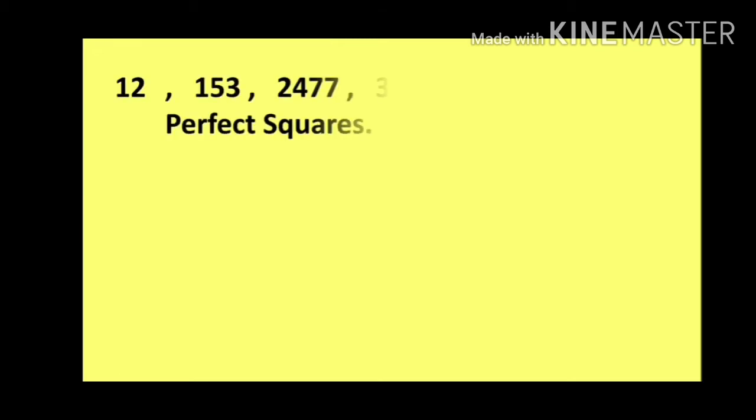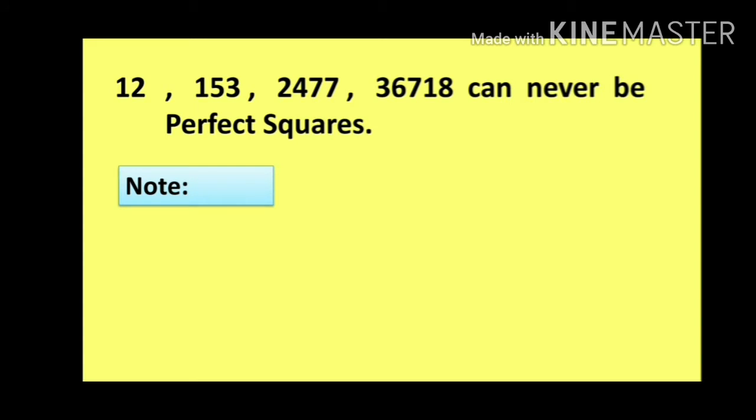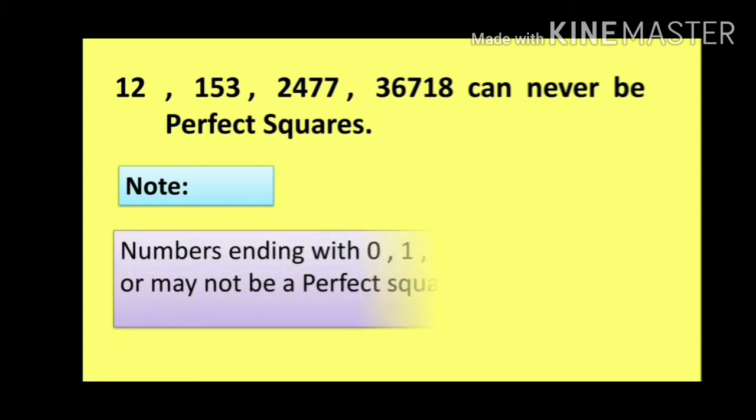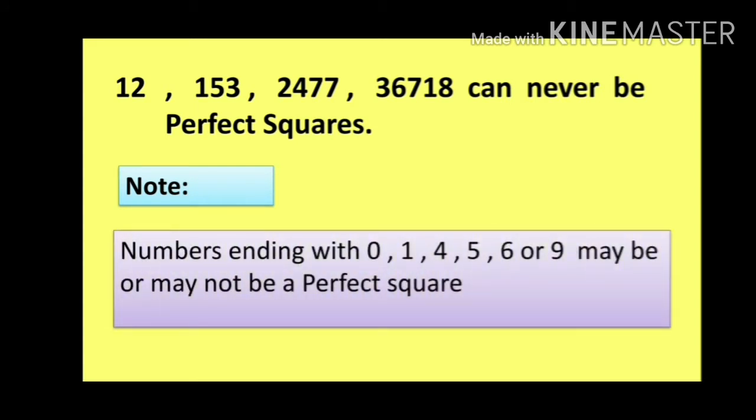So we can say that numbers like these can never be perfect squares. As you can see here, all of them end with 2, 3, 7 or 8. Here you have to note one thing. The numbers that end with 0, 1, 4, 5, 6 or 9 may or may not be a perfect square. That means if a number ends with 0, it is not compulsory that it should be a perfect square.